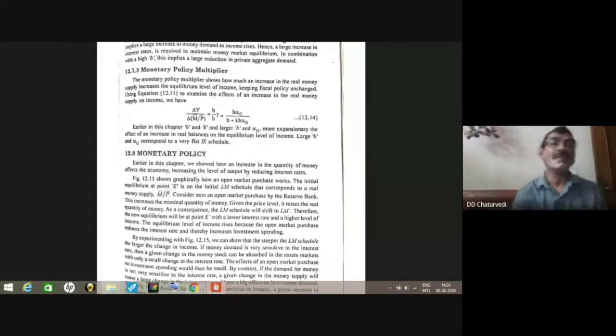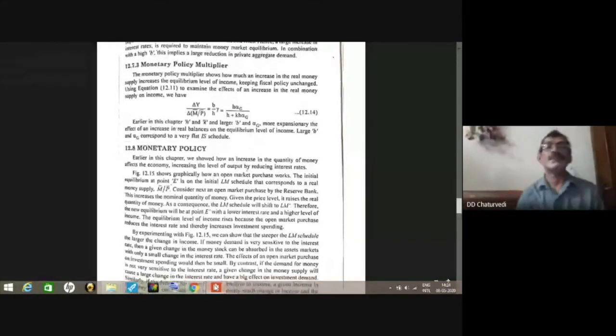Now we proceed further in this chapter and we discuss monetary policy and fiscal policy. Well, students, you remember that in this chapter we have studied the IS and LM curves. The IS curve shows equilibrium in the product market, and this IS curve will shift because of changes in fiscal policy.